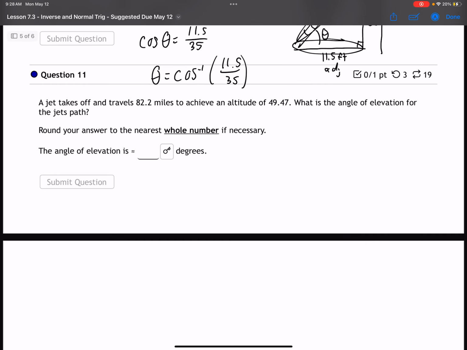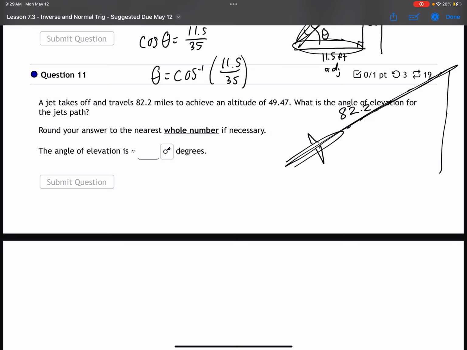Jet takes off. So the plane travels this many miles to achieve an altitude. When it says it travels 82.2 miles, that means the distance it actually goes through the air here is 82.2 miles.